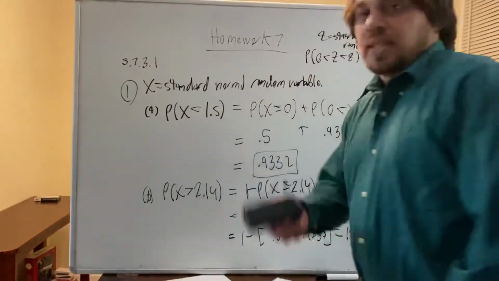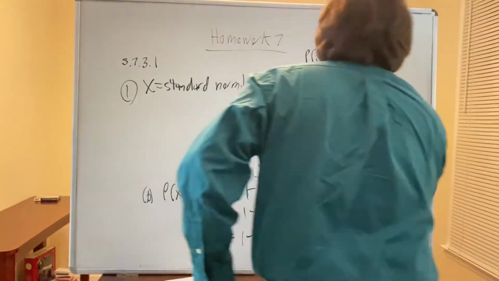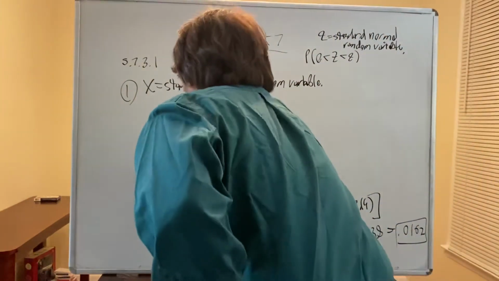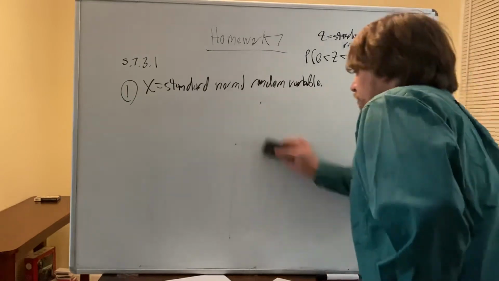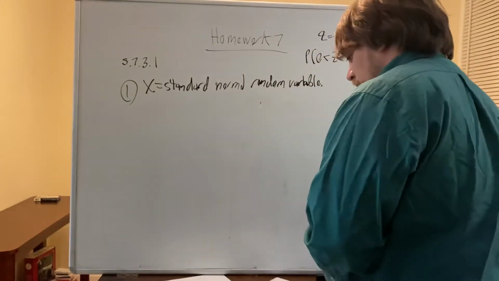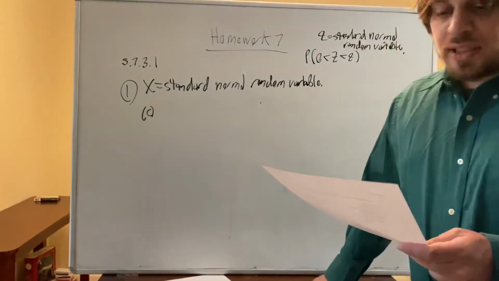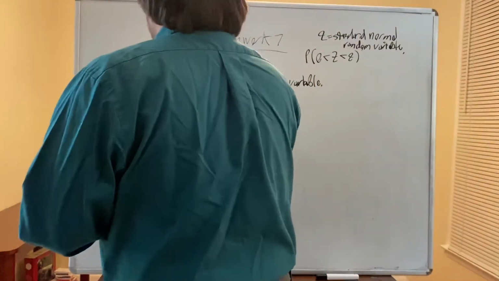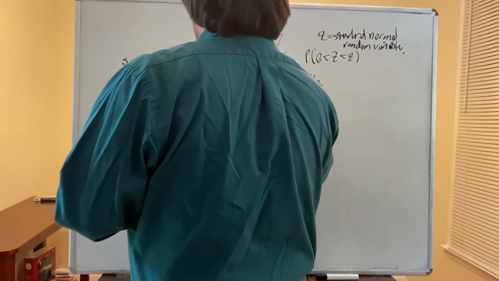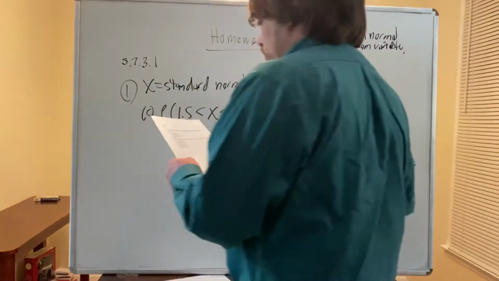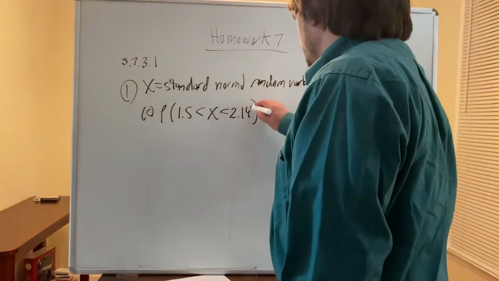Okay, so I need to get my eraser. So for C, the probability that x is between 1.5 and 2.14. Okay, so what's the probability that x is between 1.5 and 2.14?